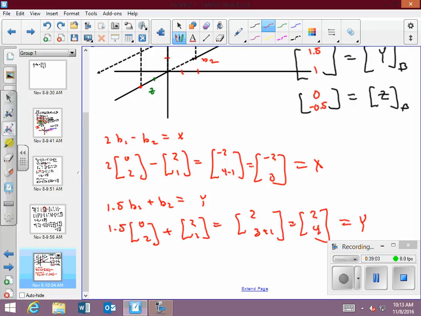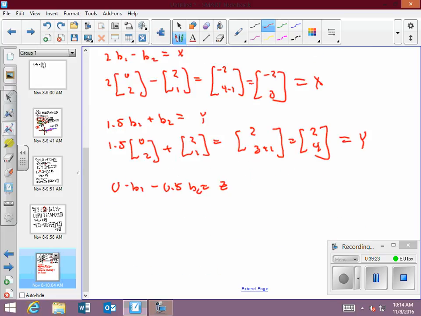Then my other weights are 0 times B1 plus, so minus 0.5 times B2 should give me my z. So 0 times 0, 2 minus 0.5 times 2, 1 should give me negative 1 and a negative 1/2.